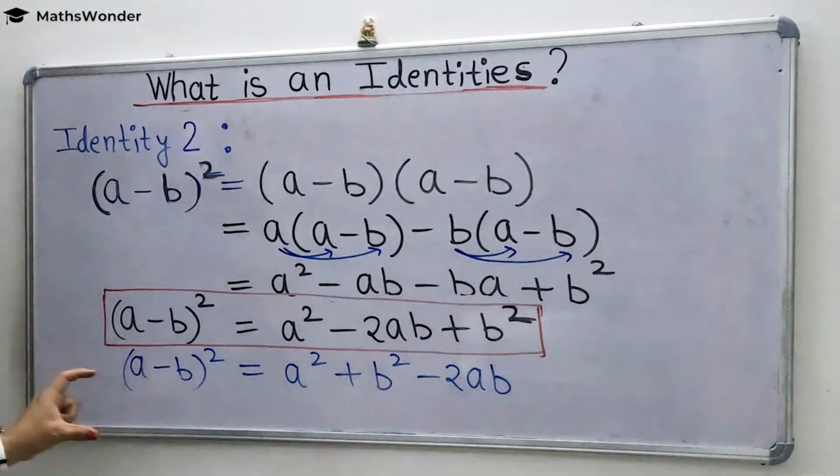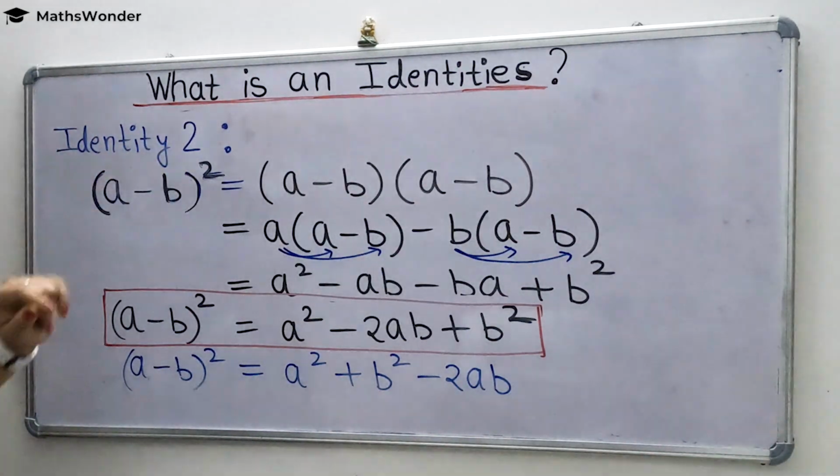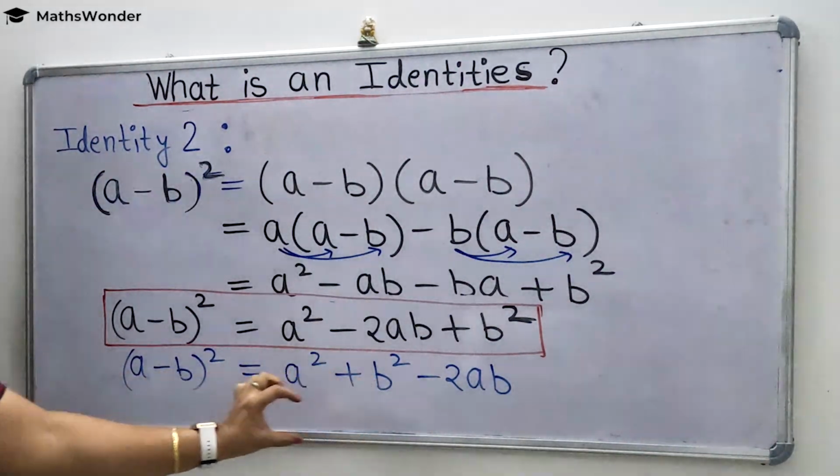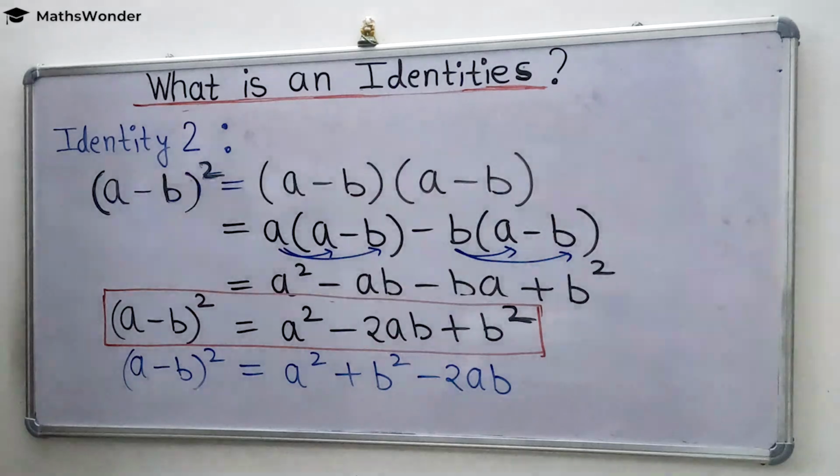Understood? That is the proper, detailed explanation. You can write it like identity 1, in explanation form also, just for your reference. Whenever you have a doubt, you can check your notes and see the detail, okay?